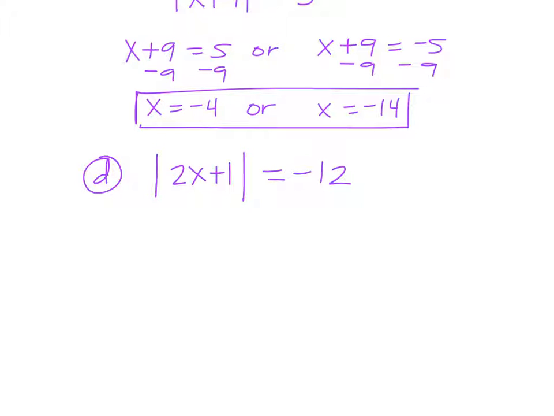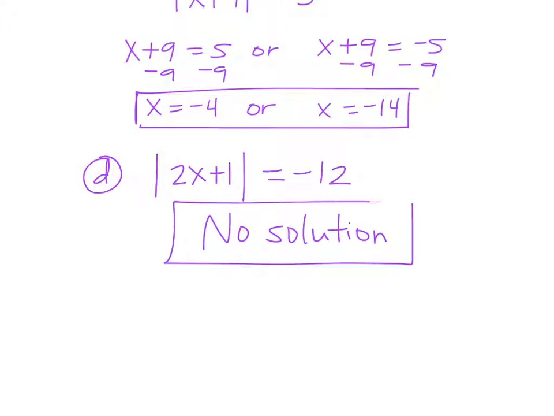It's a prank. What's the issue here? Right, absolute value can't equal a negative. So it's no solution. Don't even solve it. Don't even set anything up. You cannot have an absolute value that equals a negative.